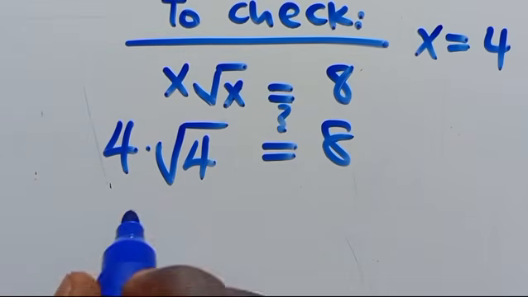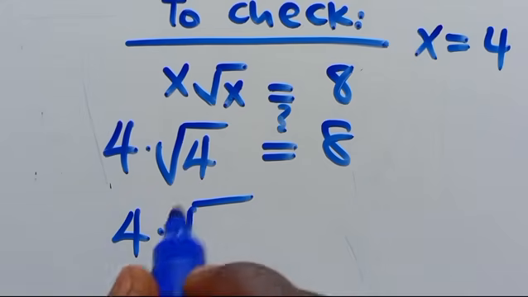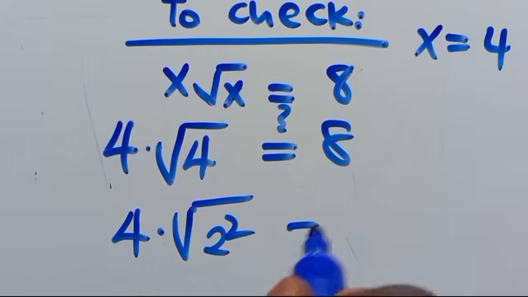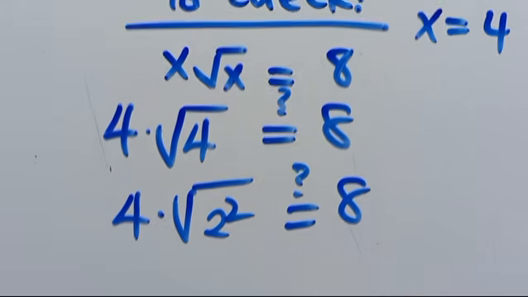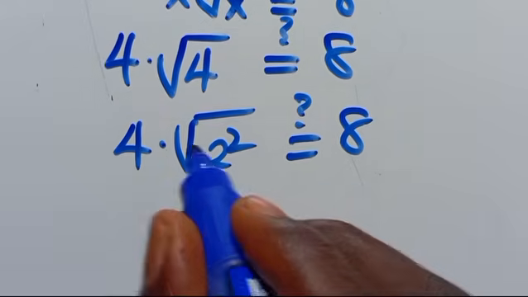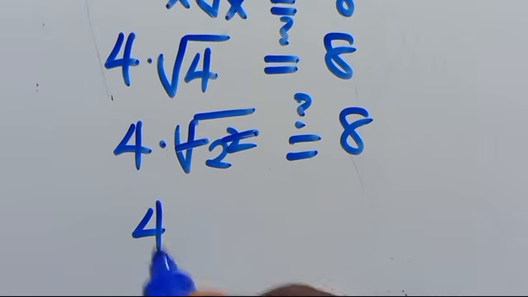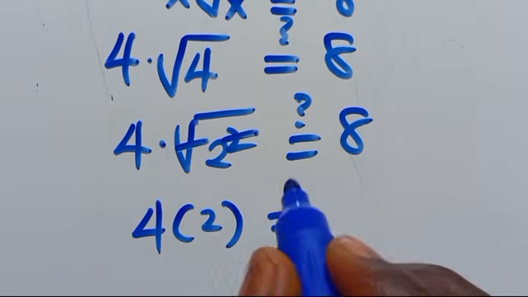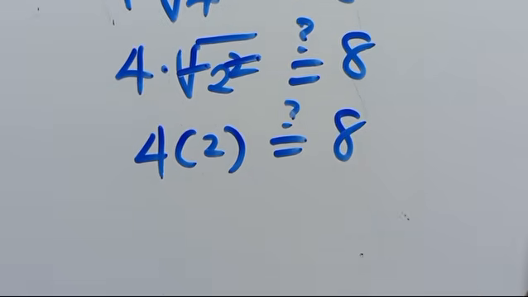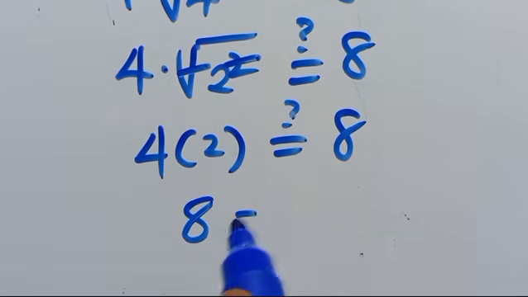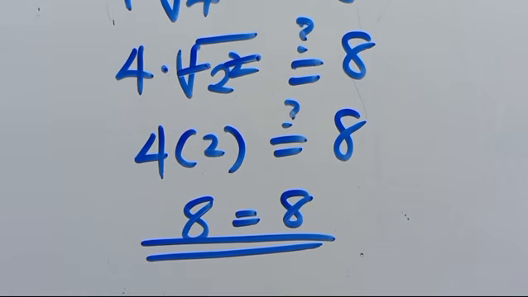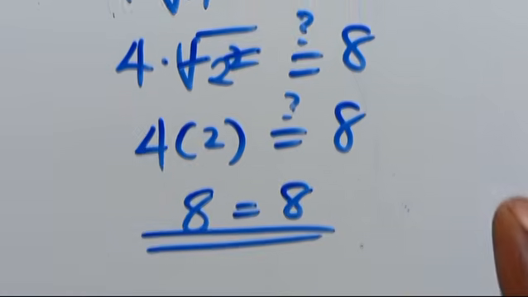Then this will be 4, we can have 4 as 2 to the power of 2, so going to give us 8. This cancels out this. We have 4 times 2, so going to give us 8. 4 times 2 is 8 equals 8. So the left equals the right hand side.